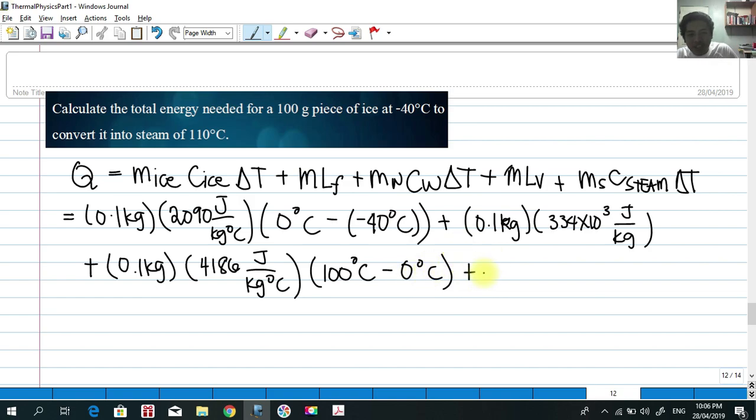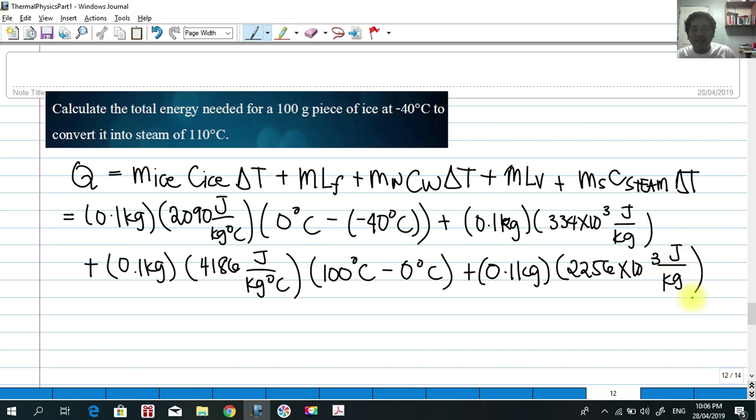Plus, once it reaches 100 degrees Celsius, the water starts to become vapor, or steam. So we have to include mL_V. That is still 0.1 kilogram times the latent heat of vaporization of water, 2256 times 10 raised to 3 joules per kilogram.